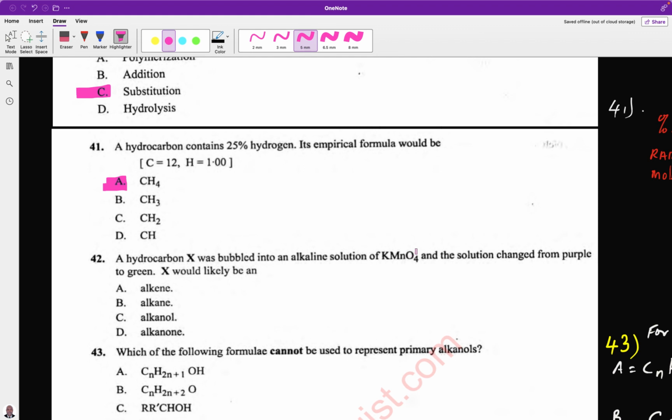Therefore, alkenes will decolorize potassium manganate solution, changing its color from purple to green. Only alkenes can change the color from purple to green. In that case, manganese(VII) is reduced to manganese(II).